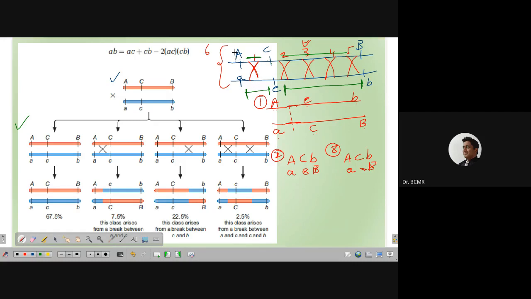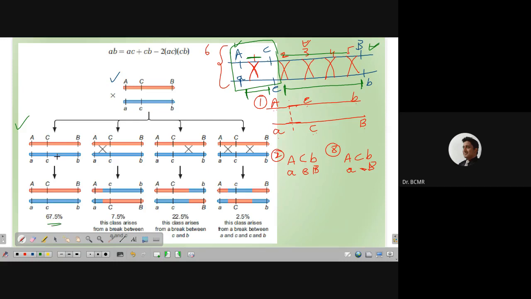So when the probability of crossing over is very less, you will say that A and C are highly linked. Linkage is that. When you say high linkage, that means they are physically very close by. When there is low linkage, that means they are on the same chromosome but present at distant portions. If there is no linkage, that means they are present on different chromosomes.